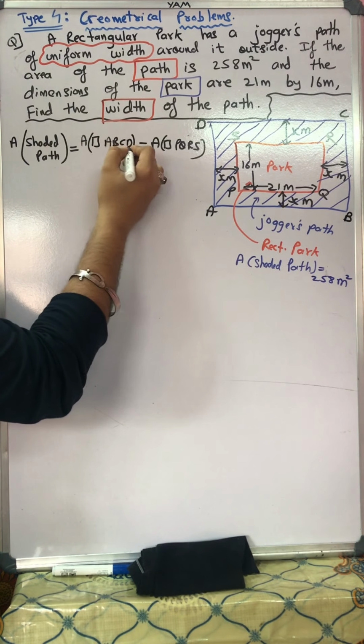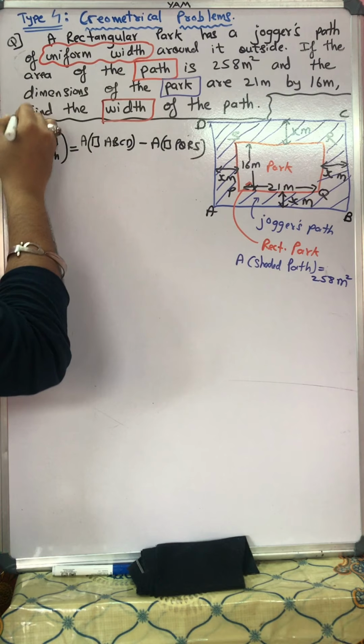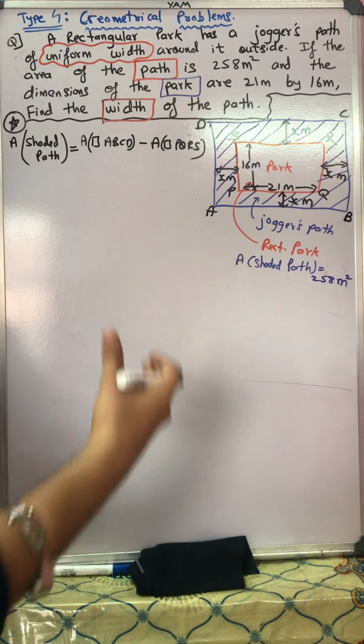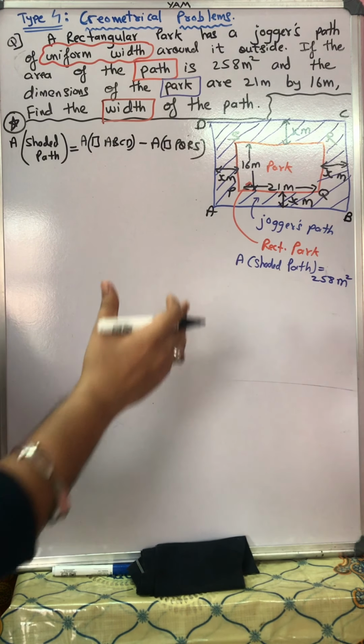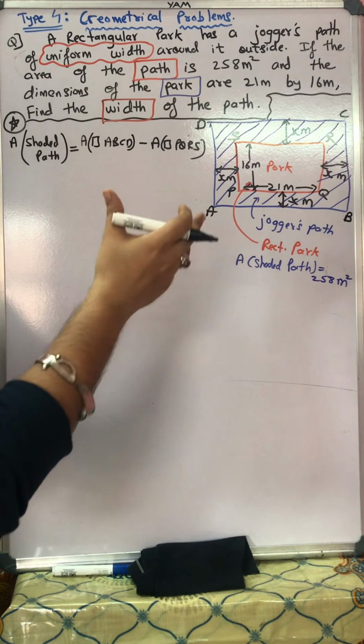Area of rectangle ABCD minus area of rectangle PQRS. Believe me, this is the catch of the sum. If you understand this formula, then I can say you are done with 50% of the question. Of course, I will say drawing the diagram and understanding this contributes to 70%.